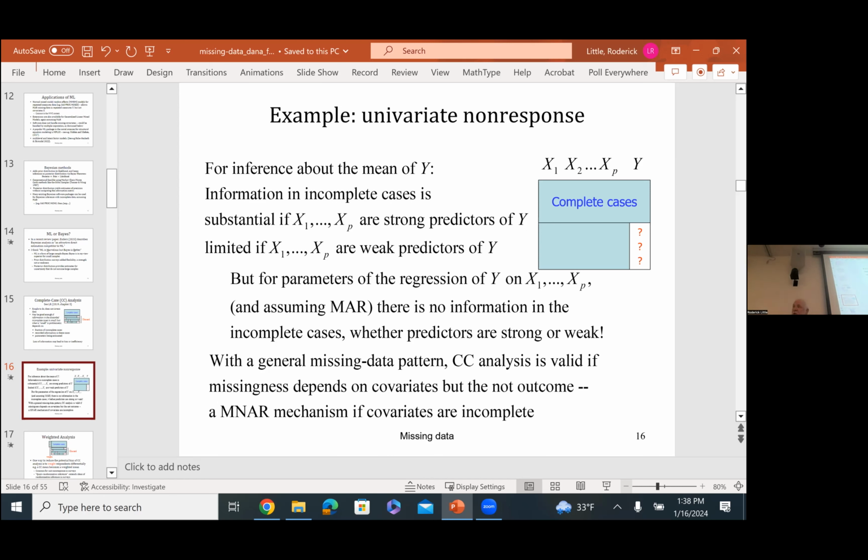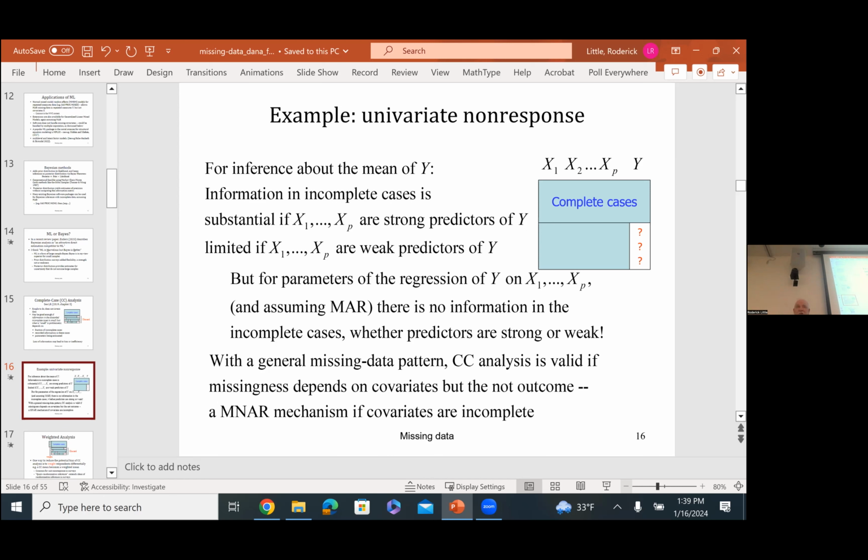But if you're interested in the regression of Y on the x's, so you're conditioning on the x's, then there's no information in the incomplete cases. Because if you don't have Y, you don't have anything. If you're doing a regression on the x's, at least under missing at random. If you're missing not at random, then it's more complicated. But under missing at random, at least there's no information.